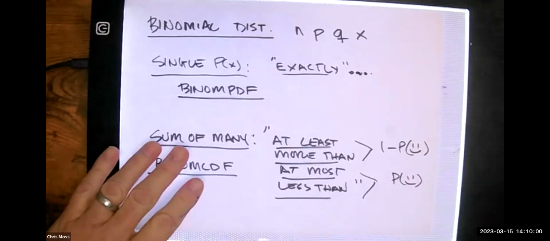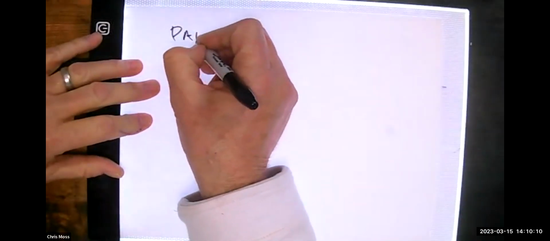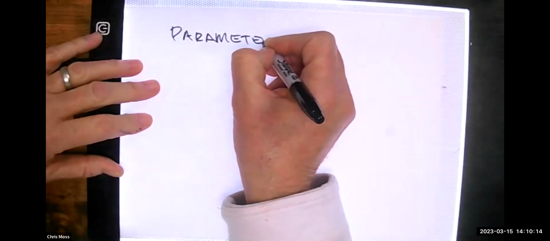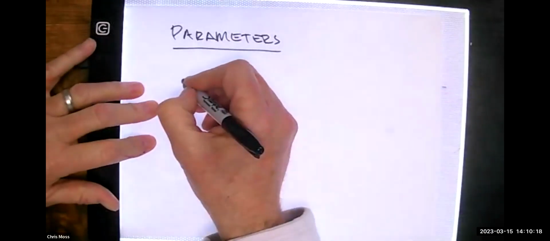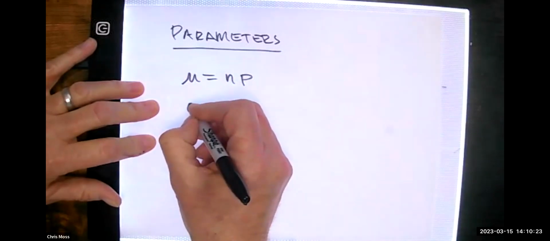And we have the parameters. The mean equals n times p.